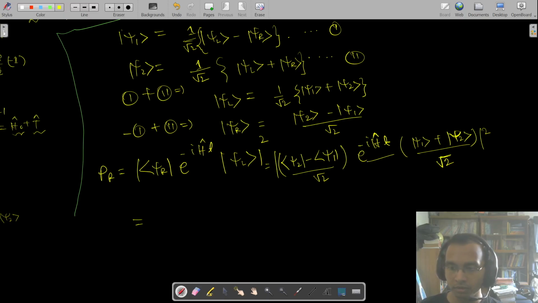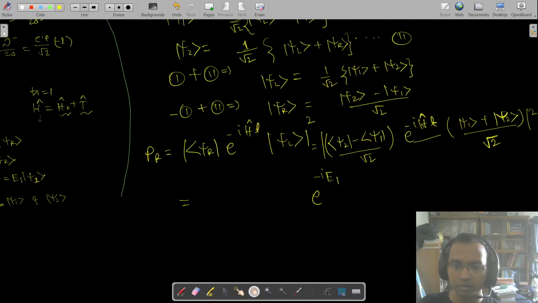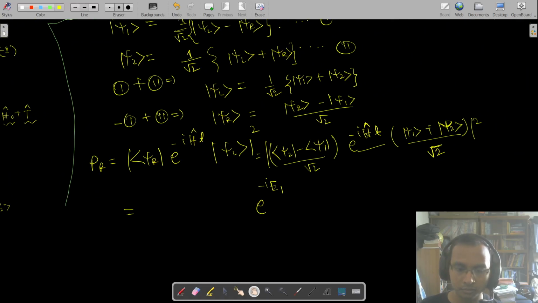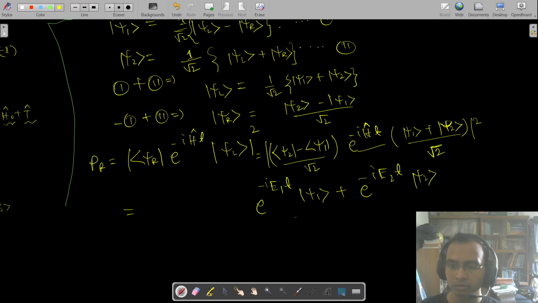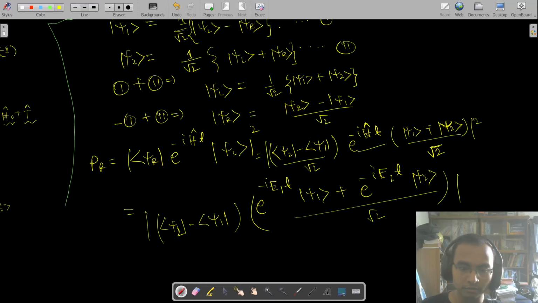This thing acting on psi 1 would give us, should be E1, right? Yeah, E1. Give us E1 t, psi 1 is, minus E2 psi 2, and then this will be acted on by this mod square.